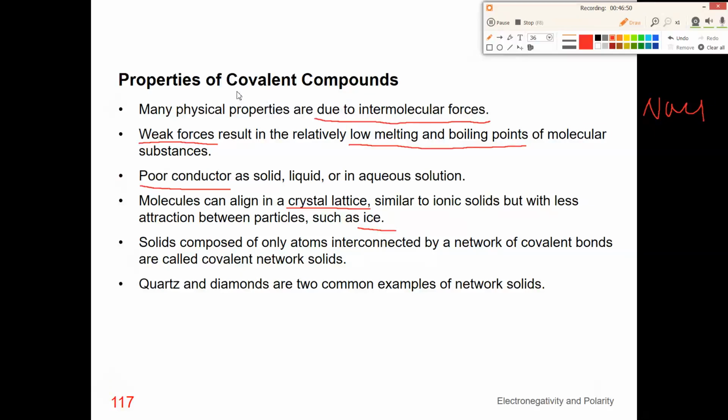So covalent compounds still can, as long as the temperature is low enough and the pressure high enough, become a solid form, it can become a crystal. But the attractions between molecules are much less than in an ionic compound.